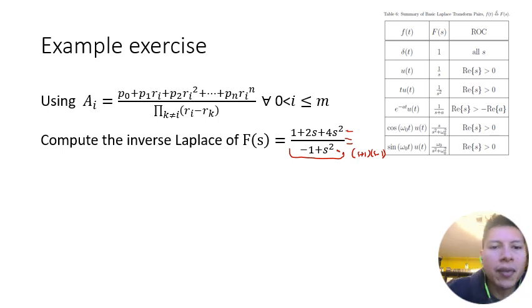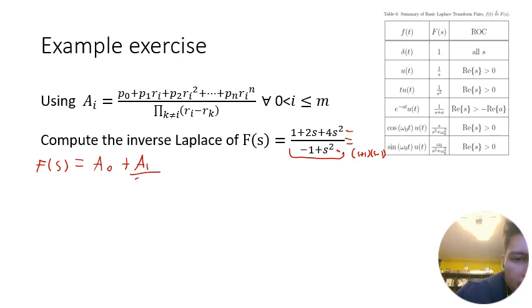And so that means that we want F of s of the form a0 plus a1 over s plus 1 plus a2 over s minus 1, sorry.